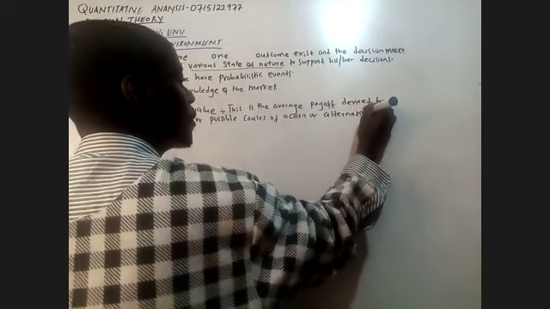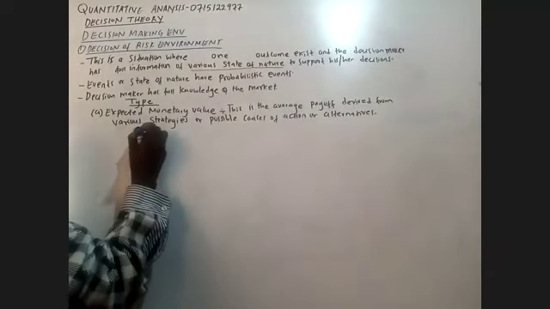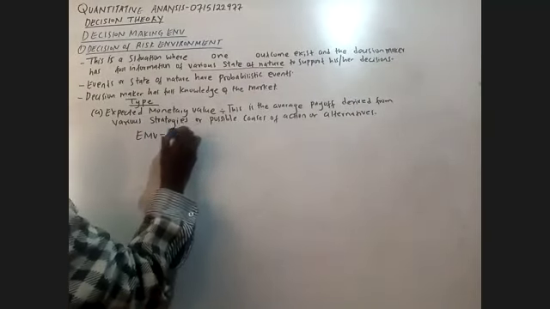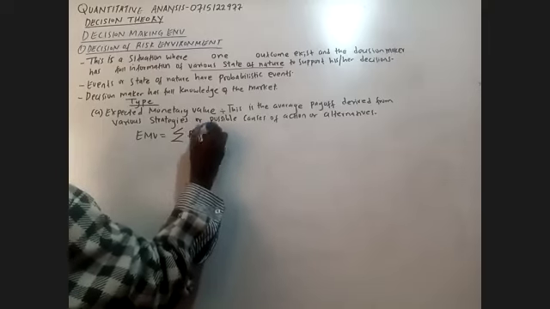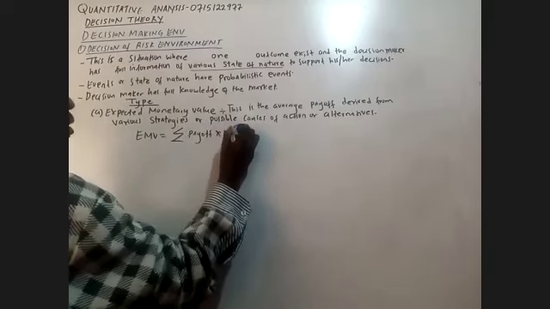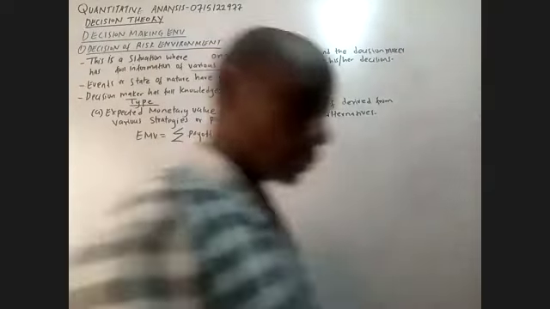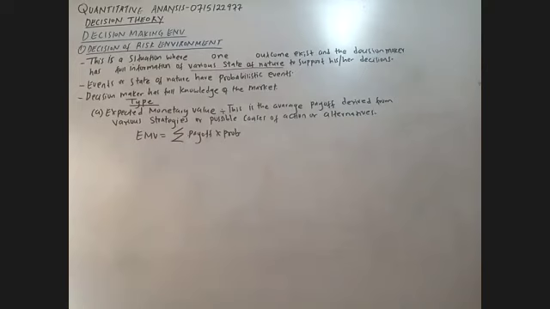Now, how do you get EMV? Expected monetary value is equal to summation of payoff times probability. Let's go to our past paper. So EMV is what we call the expected monetary value, a situation where we get the average or the expected payoff of each alternative. And to get EMV, you multiply the payoff with the probabilities.